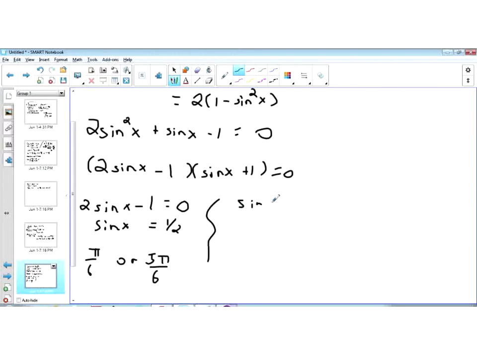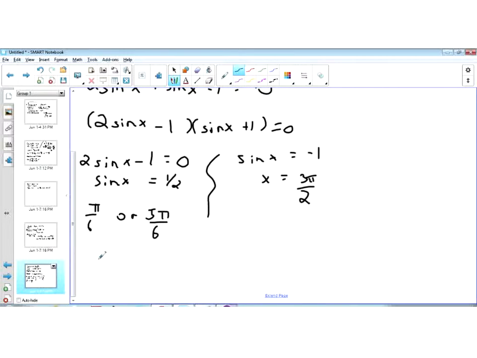And then we need to solve sine x is equal to negative 1. And so where does that happen? That happens at x equals 3 pi over 2. Okay, and then all we need to do is do the periodic extensions.